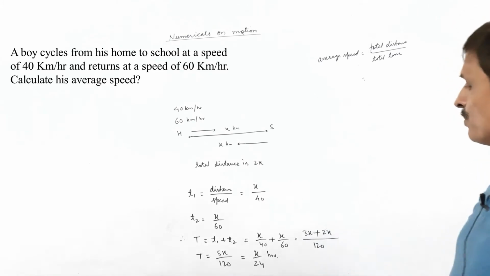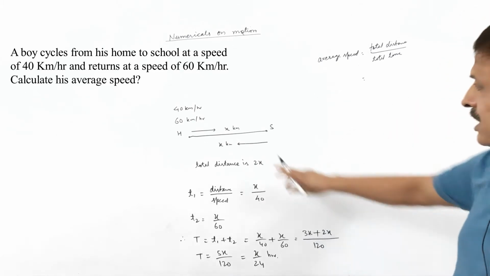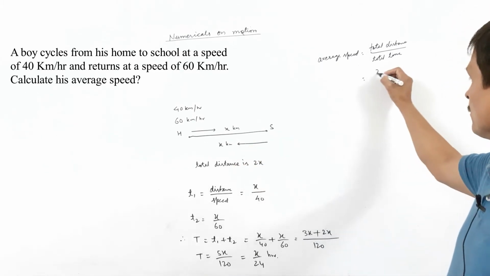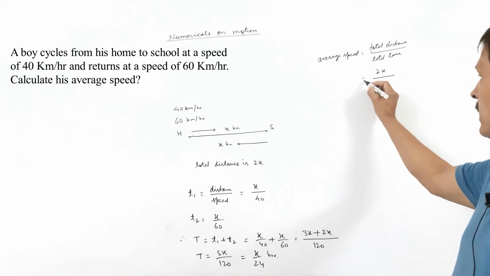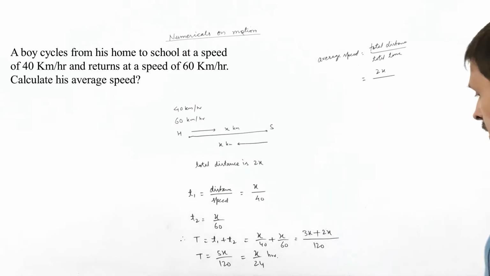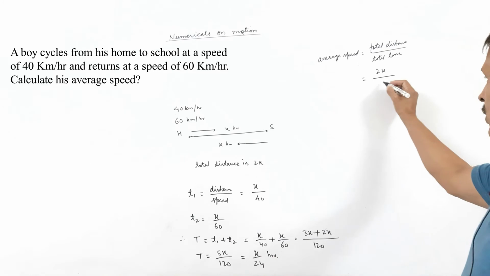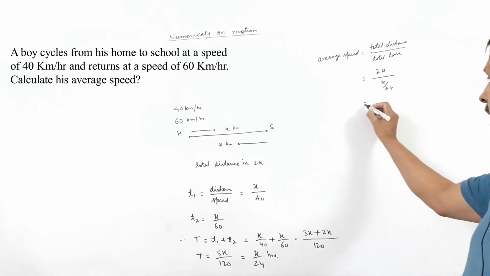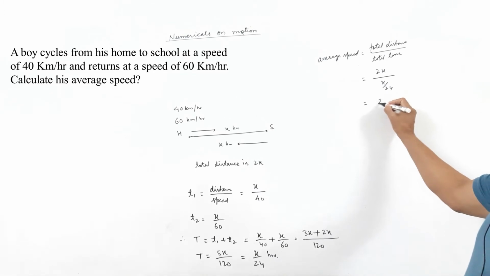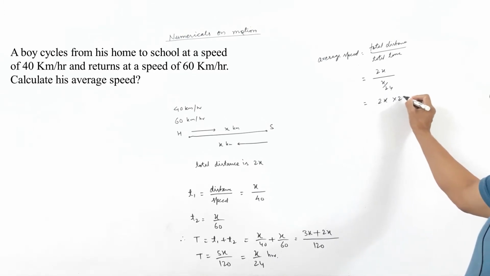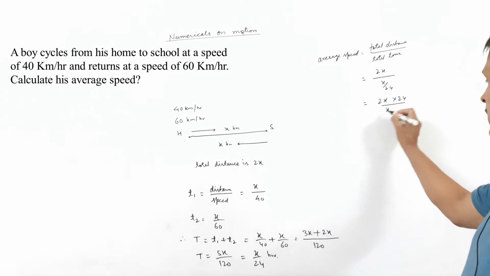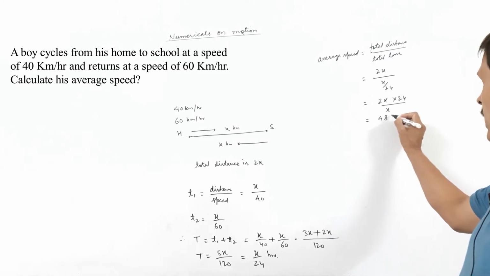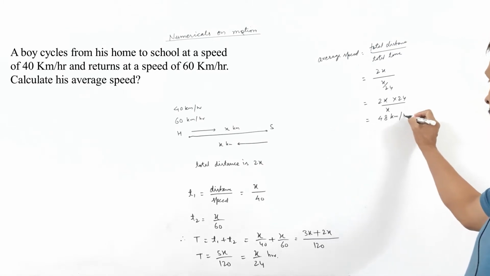Total distance is twice of x and time taken is x upon 24, so that is twice of x into 24 upon x, and that is 48 km per hour.